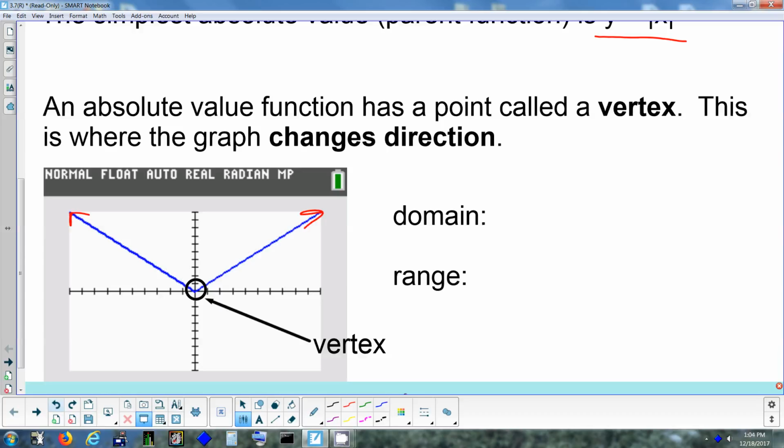Right, forever. It's going to go to the left forever and to the right forever. How do we write that? Does anybody remember the words you use to describe the domain?